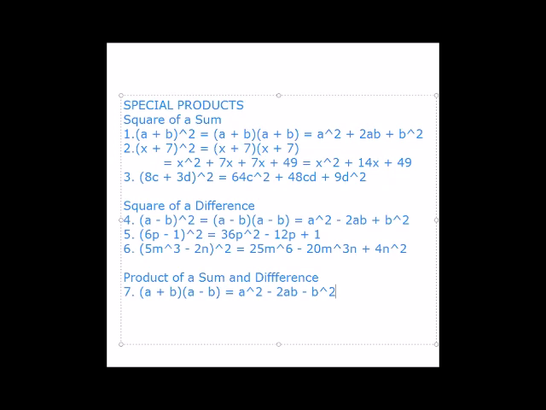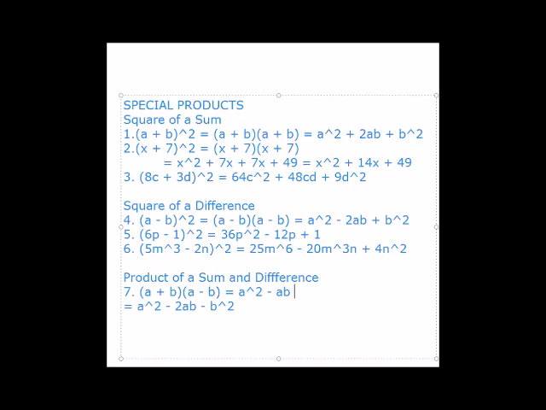So we have the first terms. A times a is a squared. That's correct. And then a times negative b, ma'am. A times negative b is equal to negative ab. Correct. And then b times a is equal to ab, positive, right?